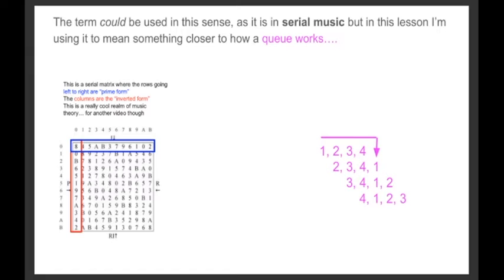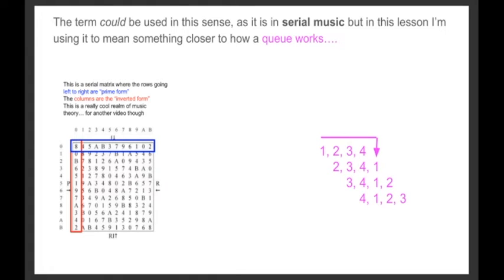So, as I said, it could be used in serial music. On the left here, we see this matrix of a 12-tone row of pitches. If you go left to right, that gives you the prime form. If you go right to left, that gives you the retrograde, so just the reverse. And if you go downward, starting here on the left in this blue rectangle, you have 8, 4, 5, A, B, 3, 7, etc. If you start in that same spot on the left with the 8 and then go downward, that's the inversion.